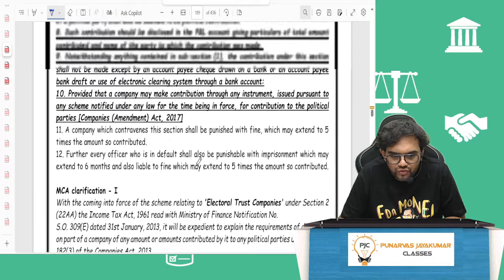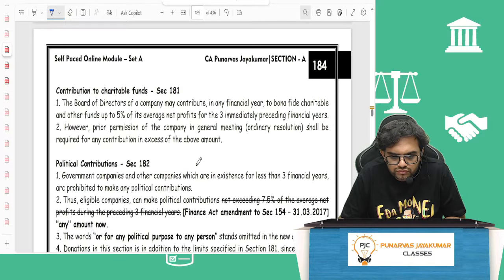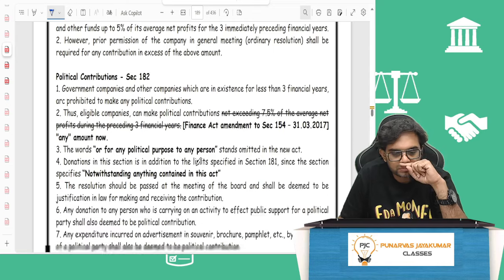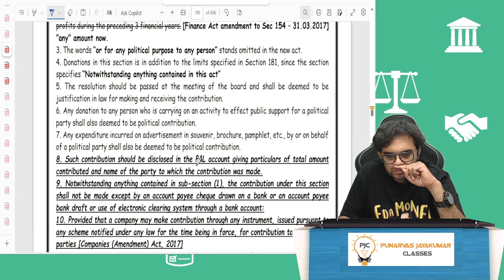Page 184. Any donation to someone carrying on an activity to gain public support is also deemed to be this.